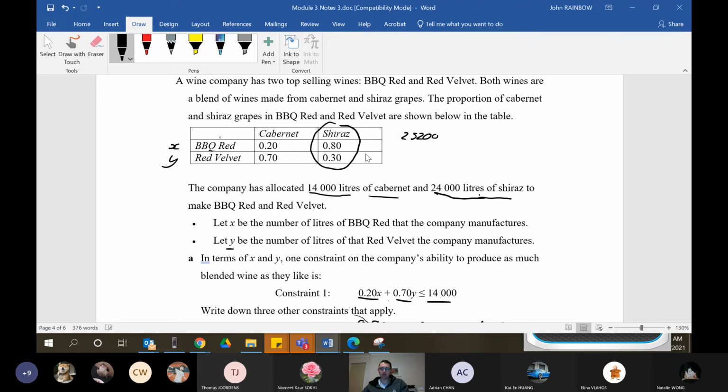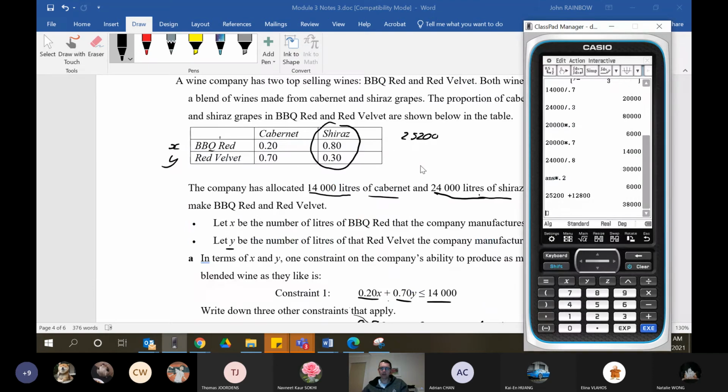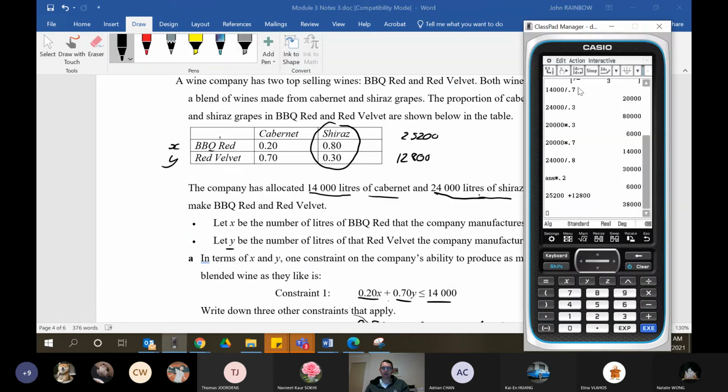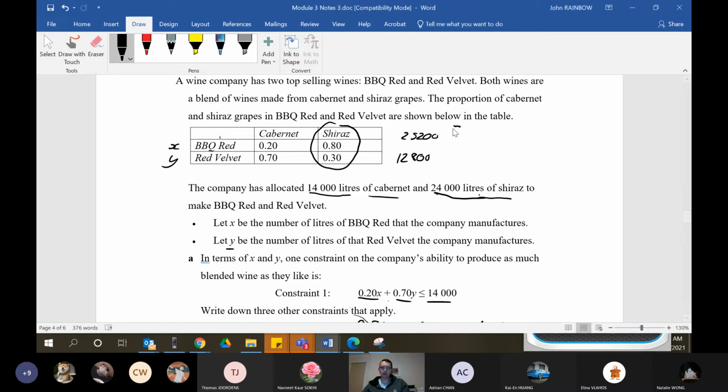5,200 of the red barbecue. And then if we do 12,800 of that, what would we use? So let's figure that out. We've got 25,200, and we're going to times that by the amount of Cabernet that we use. So the Cabernet, amount of liters that we used.